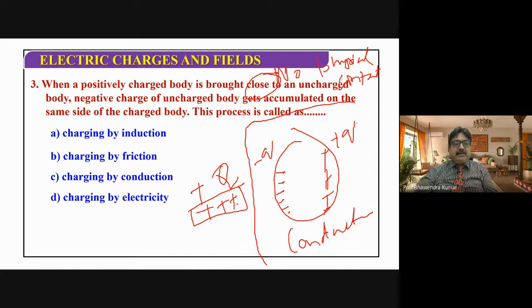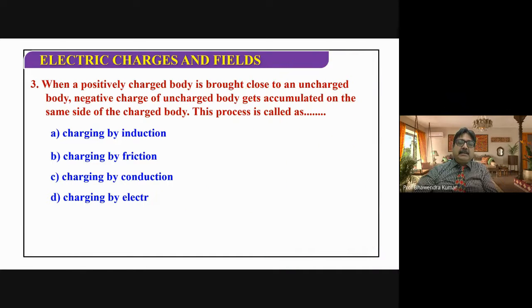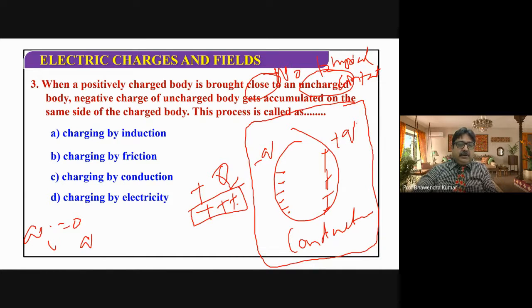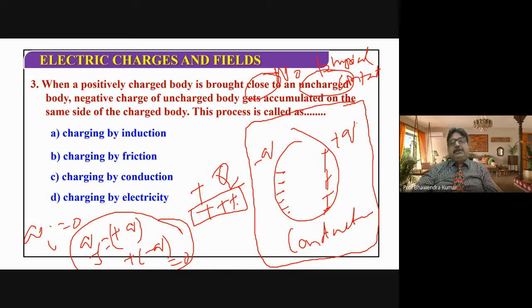If you look at this isolated conductor, then the total initial charge was 0 because it was electrically neutral, it was uncharged, and final charge is also 0 because on one side there is a plus Q charge, other side there is a minus Q charge, total final charge is 0. So it is also based on the conservation of charge principle. So charging by friction and charging by induction both represent the conservation of charge principle.